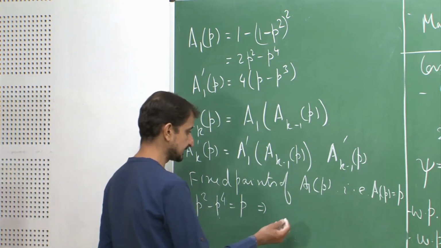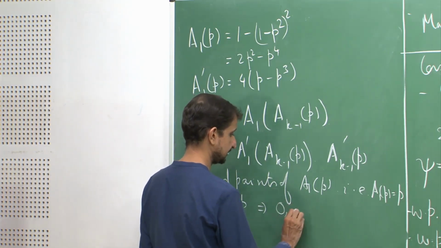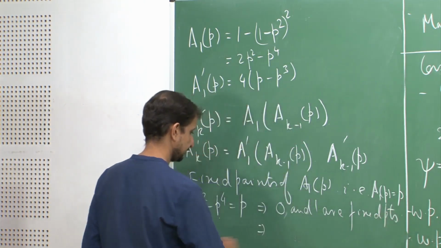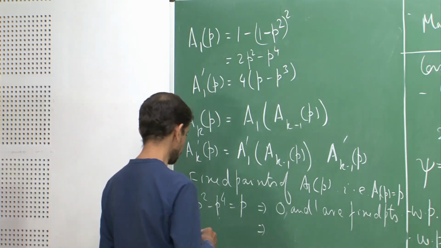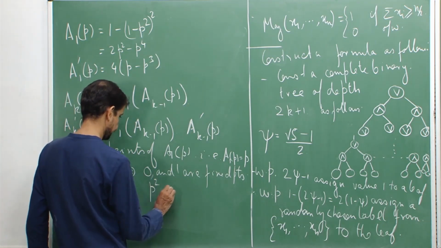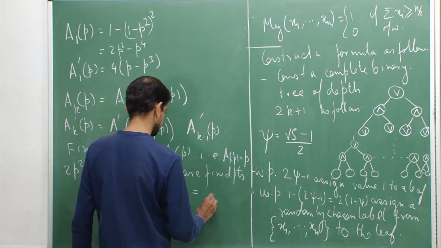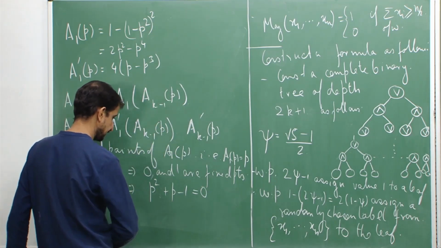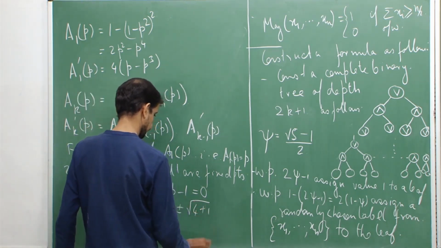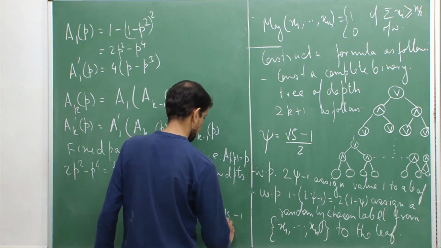So, 0 and 1 are fixed points. If I factor out p and p minus 1, I will get something like p square plus p minus 1 equal to 0, and the roots of this equation will be p equal to minus 1 plus or minus root of 4 plus 1, over 2, which is root 5 minus 1 over 2.